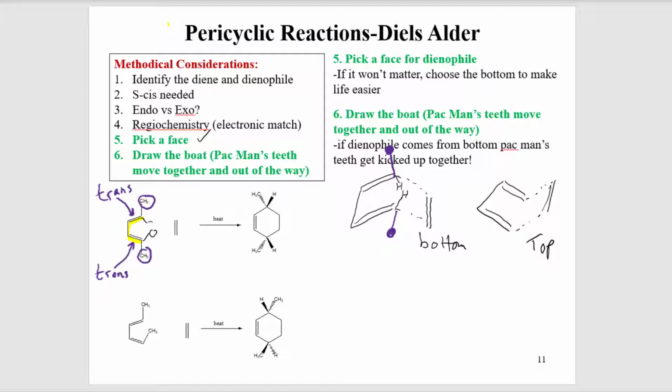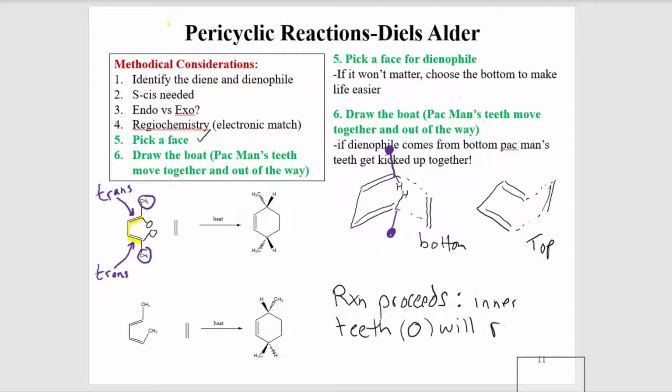Inside the double bond are the hydrogens. I'm going to represent them as round white circles. Now, in a Diels-Alder reaction, the reaction proceeds such that the inner teeth, as I'm going to call them, the white circles in this case, will rotate disrotatory.